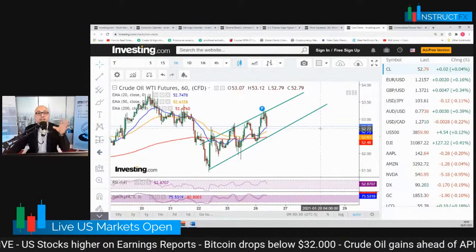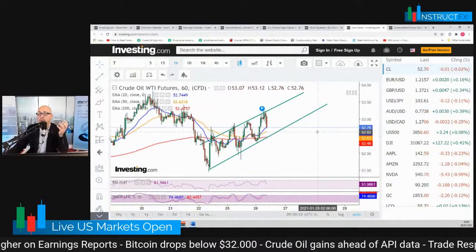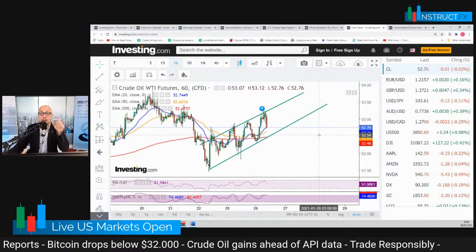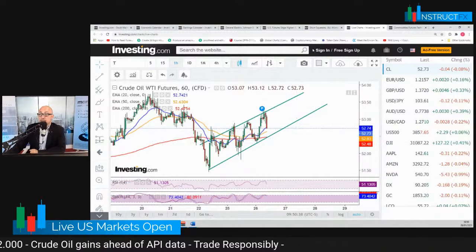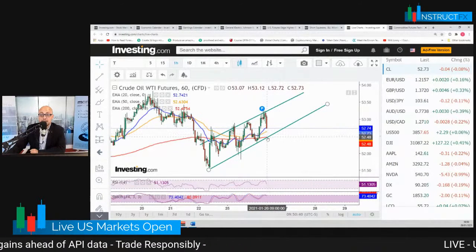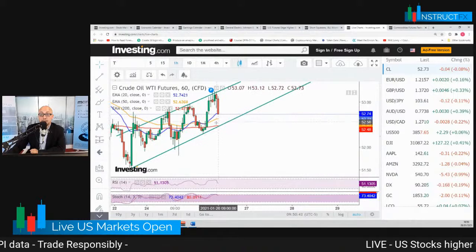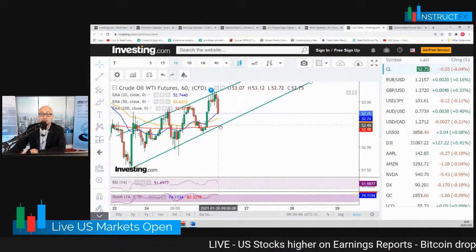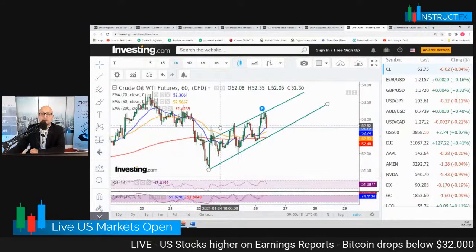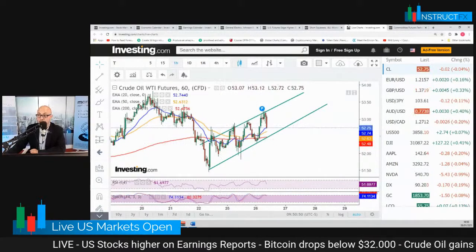If it sounds like Chinese, guys, if you want me to explain it in layman's terms, please type your comments and let me know. All right, so this is what's happening with crude oil WTI, guys. It's dropping sharply, but keep an eye on 52.49 on investing.com, as it might be worth it to go in with a long position.